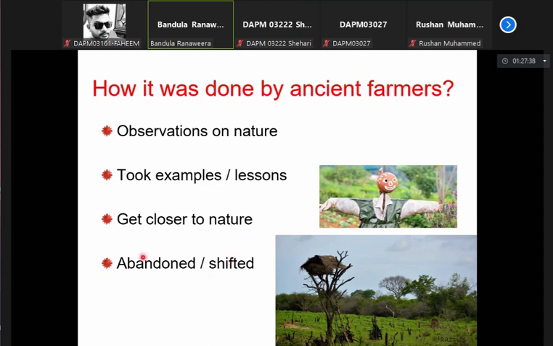That means that in the agro ecosystem, if we create the natural conditions that control the primary consumer population, it is getting closer to nature.